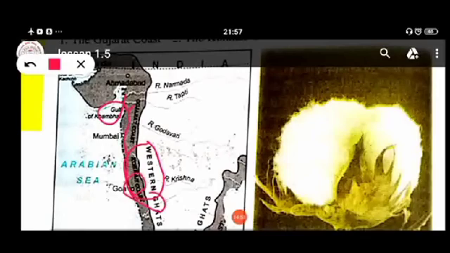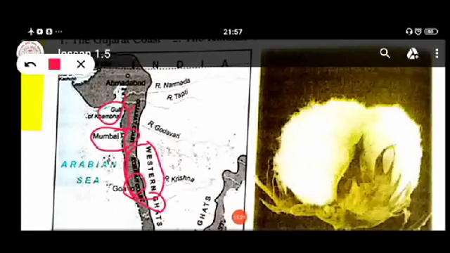A little bit of Karnataka is also in this Konkan Coast, and here Mumbai is the important town on this coast. It is the biggest seaport of India. We have many seaports like Cochin, Chennai, Mumbai and Kolkata, but Mumbai is the biggest seaport of India.